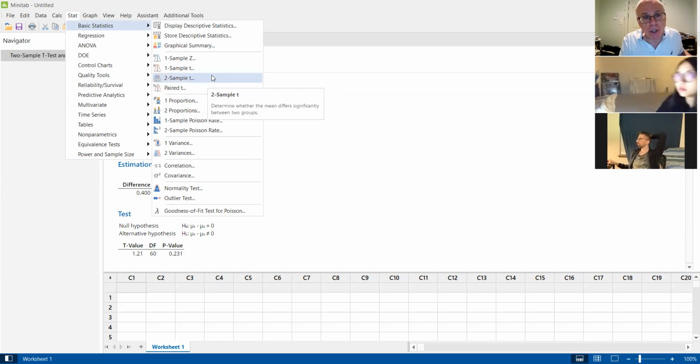So here's the deal. We're going to make the assumption that we're going to use either the pooled t-test or the unequal variance t-test, and that's all we'll say. We're not going to do that third column at all because Minitab doesn't have that here.